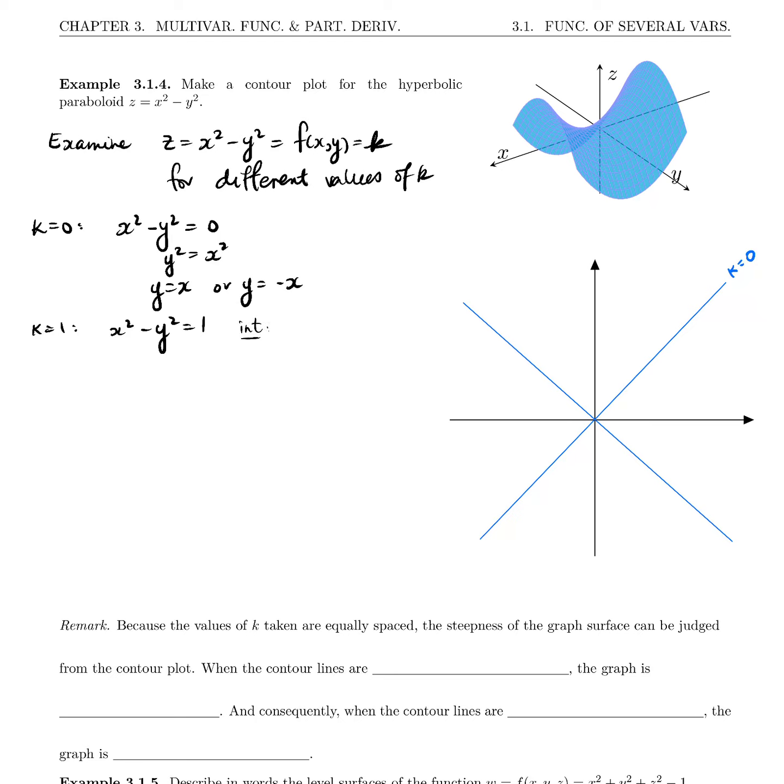So if I imagine that x is equal to 0, I've got y squared is equal to minus 1. That can't happen. So if I look at the other intercepts when y is equal to 0, I've got x squared is equal to 1, or x is plus or minus 1. That can happen.